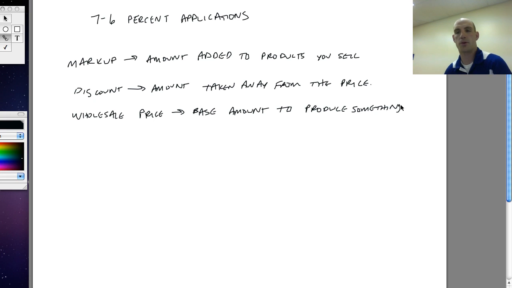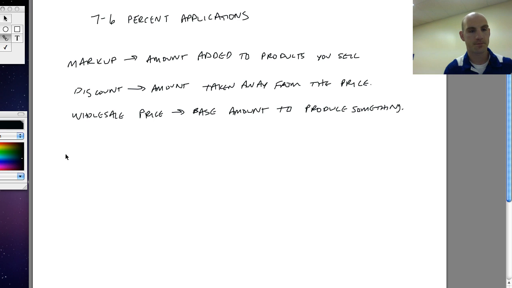It's the base amount to produce something. So if you go down to like Kohl's and they have a shirt on sale for $25, well, it may have only cost them $10, which is the wholesale price. So they may buy that shirt for $10, but the markup is $15 in order to make money on that shirt. And so that's the basic premise that we're operating on when we're talking about percent applications.